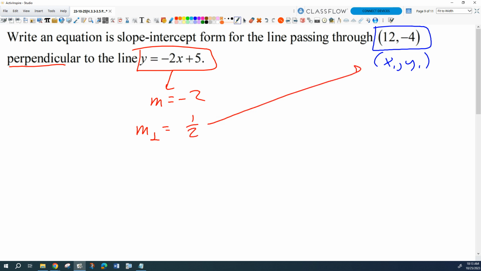That's the slope that we want, and there we go. y minus negative 4 equals 1/2 times the quantity x minus 12, and you guys can take it from there, right? That's our equation in point slope form. Okay. Give me thumbs. How we doing? Okay.